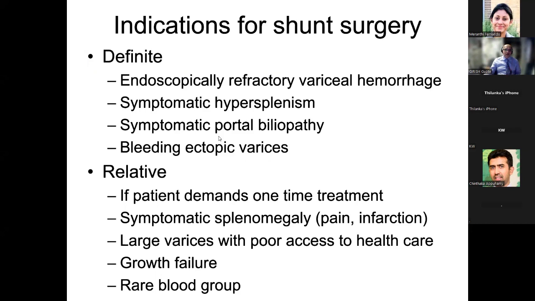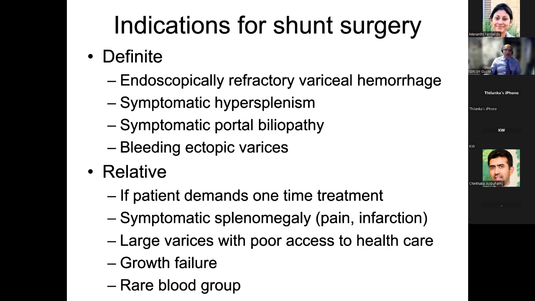But I would like to give a word of caution here, because these shunt surgeries can be really difficult to do. Secondly, they can give rise to shunt encephalopathy, and especially in children with extrahepatic portal vein obstruction or portal vein thrombosis, where we do not know what the underlying mechanism of thrombosis is, these shunts can be quite prone to thrombosis again.